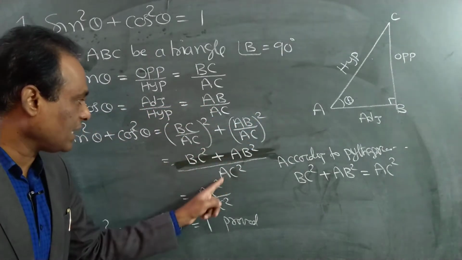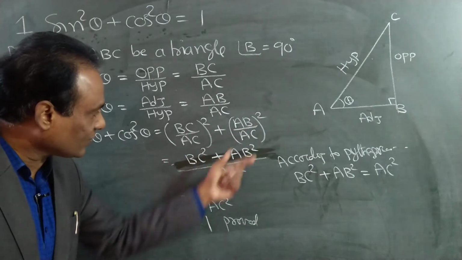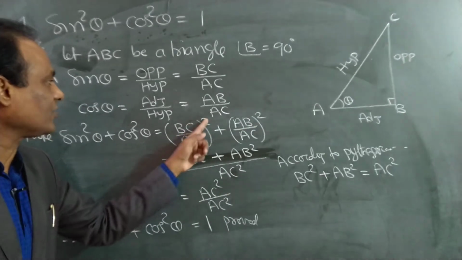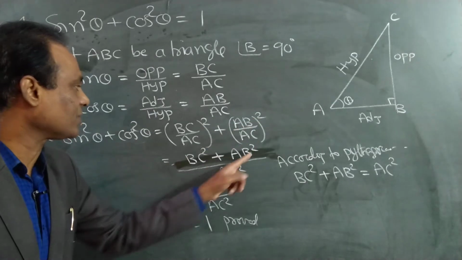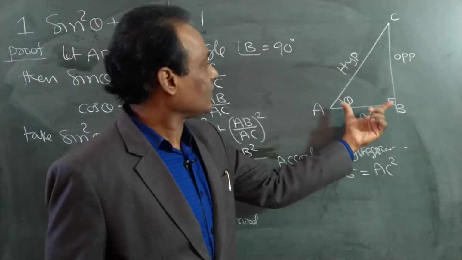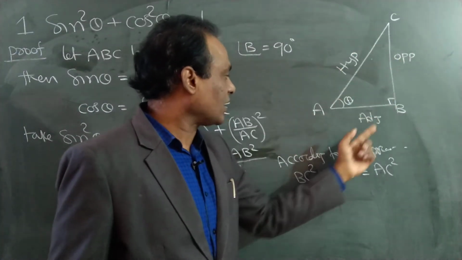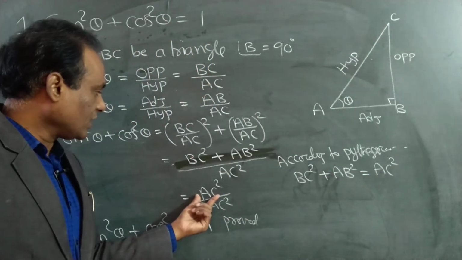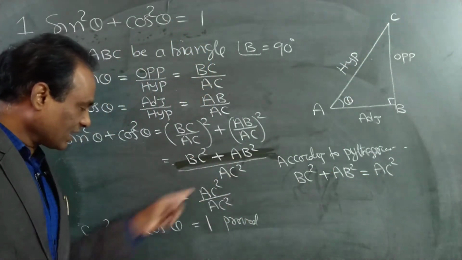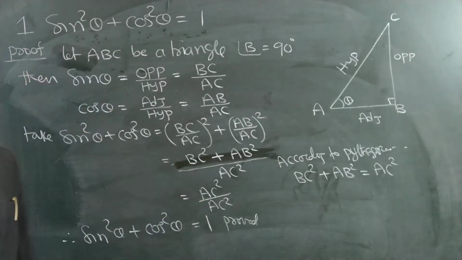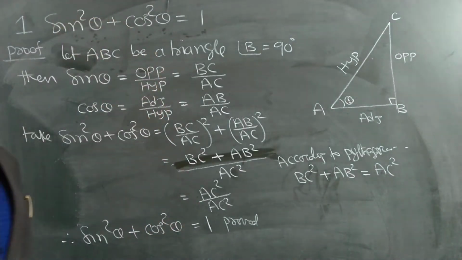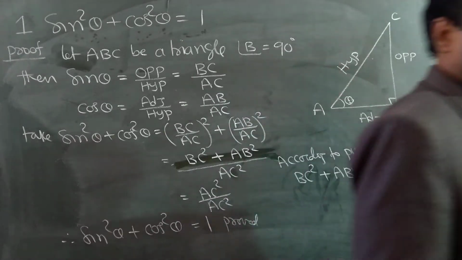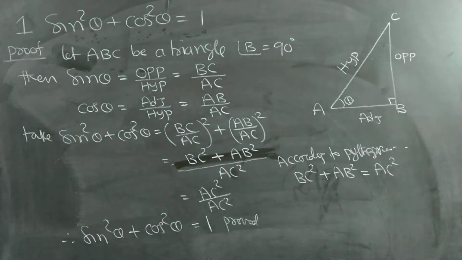The LCM is AC square. Numerator is BC square plus AB square, which by Pythagoras is AC square. AC square by AC square cancels. Answer is 1. So write down this proof, the first identity. Followed or not?